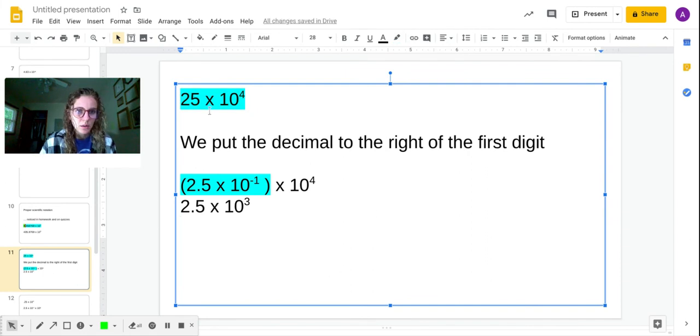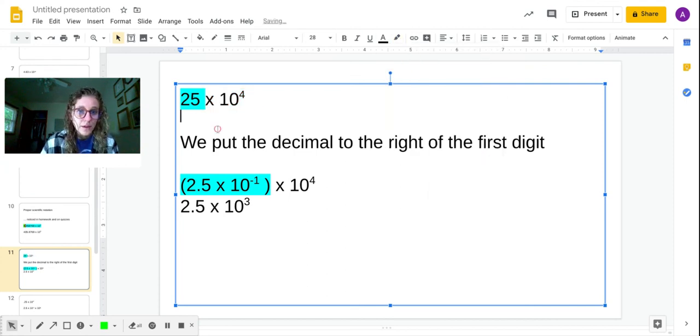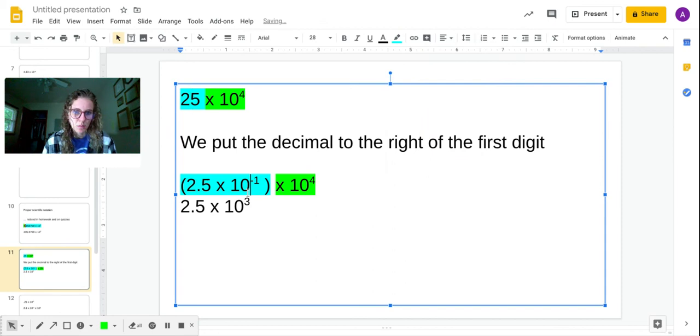So this number, 25, is equivalent to 25, okay? So this part stays with us, this part goes down here. We keep this part. So we're changing the format of this number to put it into scientific notation.